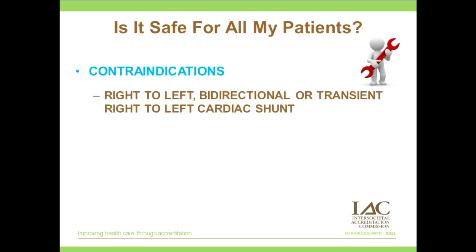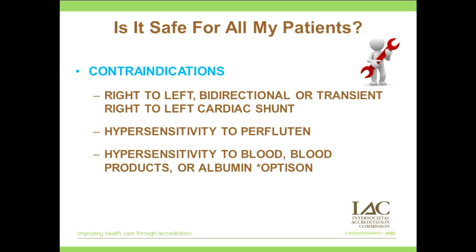The contraindications are right to left, bidirectional or transient right to left cardiac shunt. You want to make sure they've not had any hypersensitivity reaction to perflutren. With Optison, you'll also want to ask the patients if they've had problems with receiving blood products or albumin. And you do not want to inject contrast in the artery.